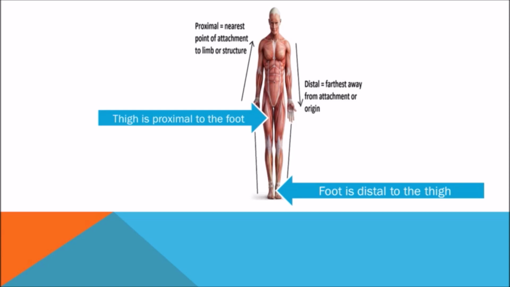Or one more thing, proximal structures are the nearest point of attachment to the limb or structure, and distal points are the farthest from the attachment or the origin. The origin of the foot is from the groin area here, so it is very far away from its origin, so it will be automatically distal, and the thigh is near to the origin, so it will automatically come under the proximal part.